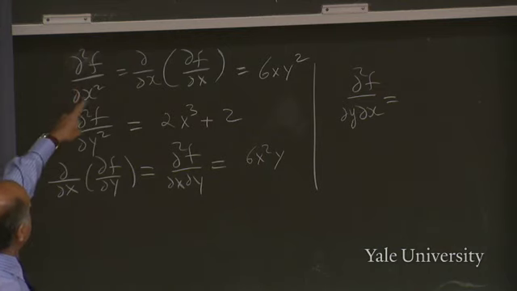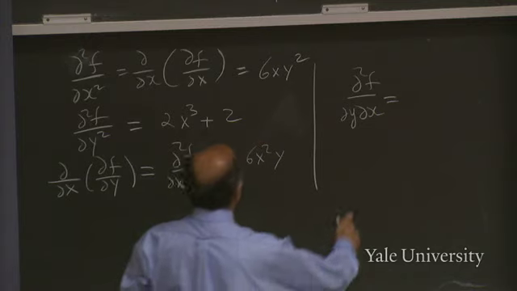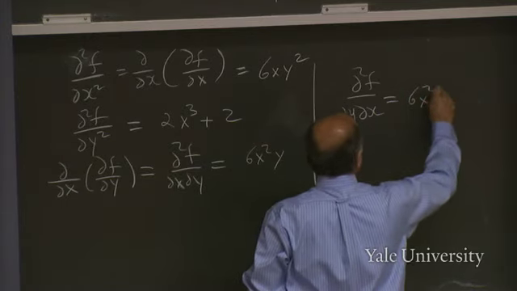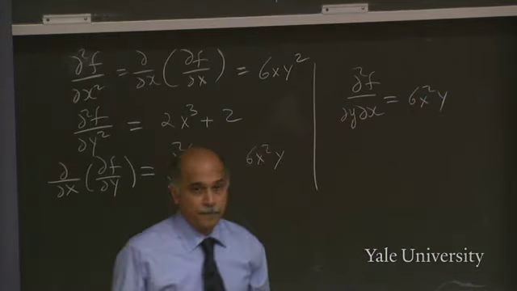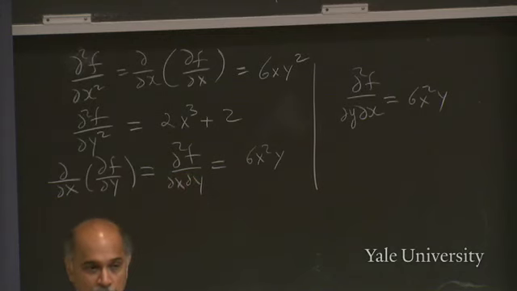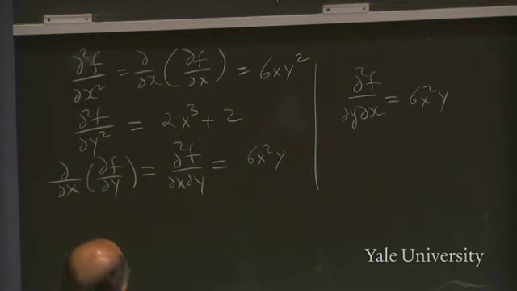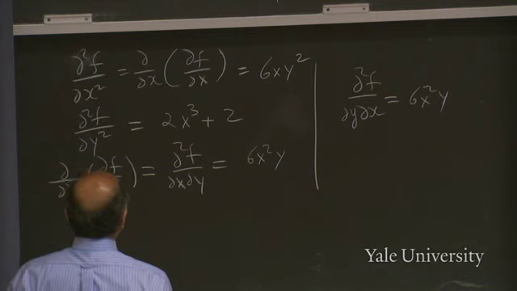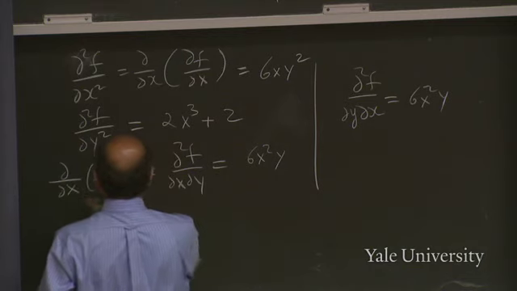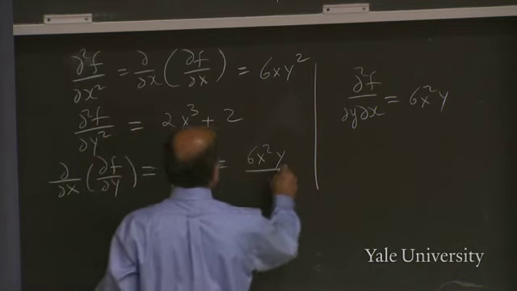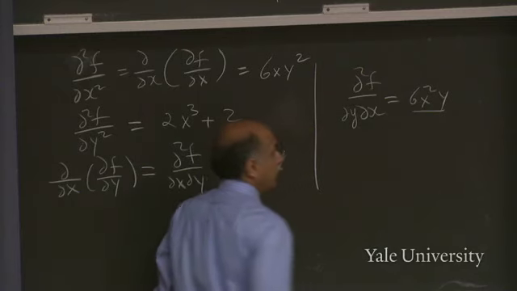Take the y derivative of that, put a 2y there, and I get 6x squared y. So you're supposed to notice something. If you already know this, you're not surprised. If you have never seen this before, you will notice that the cross derivative, y followed by x and x followed by y, come up being equal.